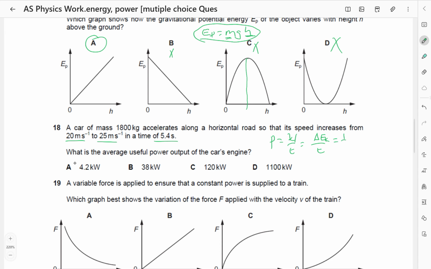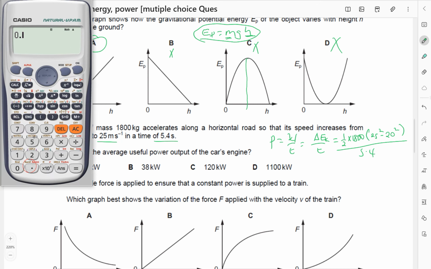Change in kinetic energy will be a half times the mass, which is 1,800, times the change in v squared, which will be 25 squared minus 20 squared. That is the change in kinetic energy divided by time, which is 5.4 seconds.